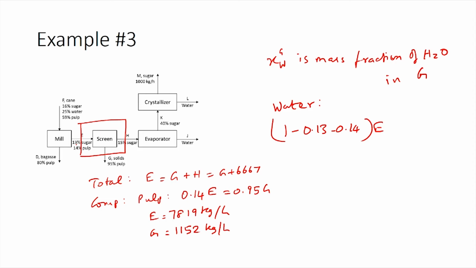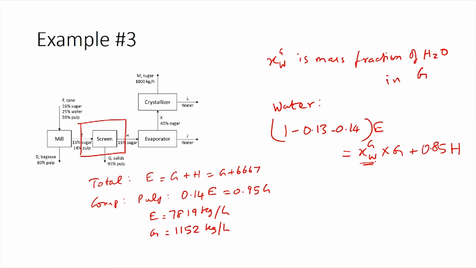You now have the exit streams. So, the exit stream would contain XWG times G, where XWG is the mass fraction of water in the stream G, and you also have water leaving through the sugar stream, which is the H stream, which is 0.85 times H. Now that we have all these values, the only term which is unknown here is XWG.